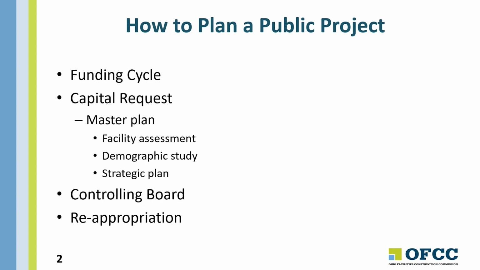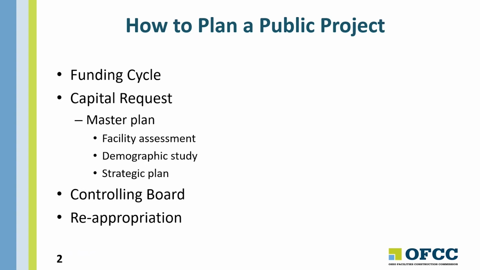So we are going to cover the funding cycle for state capital funds. We are going to cover what's involved in requesting capital from the controlling board and from the legislature.